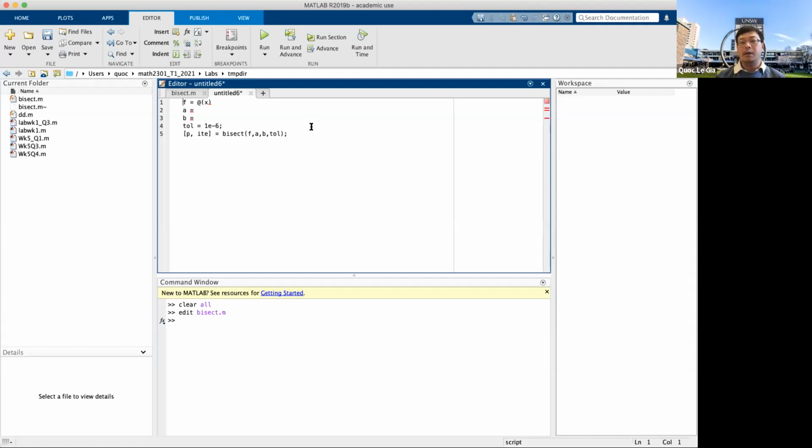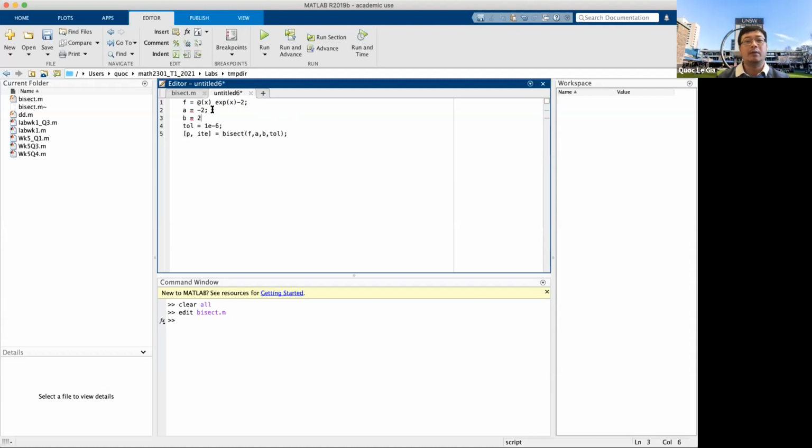Okay, good. Exponential x minus 2. Then what is the interval you want me to look in for the solution? Okay, minus 2 and 2, right?